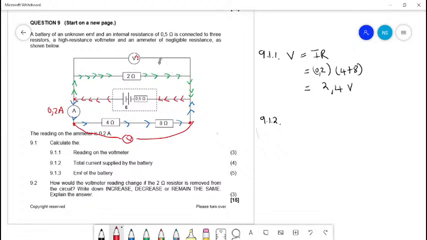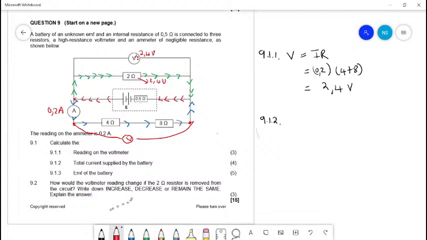So don't forget that I said that the voltmeter reading across this voltmeter is 2.4 volts. So this means that also the voltmeter reading for the 2 ohm resistor will be 2.4 volts, and the reason is that they are connected in parallel to this branch.